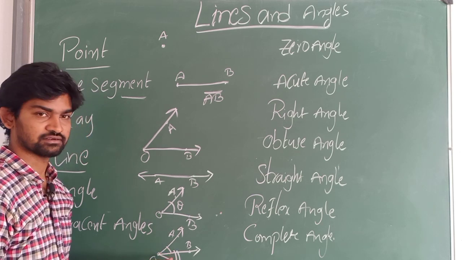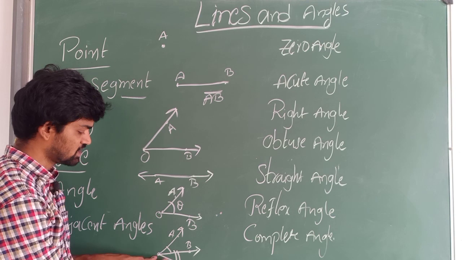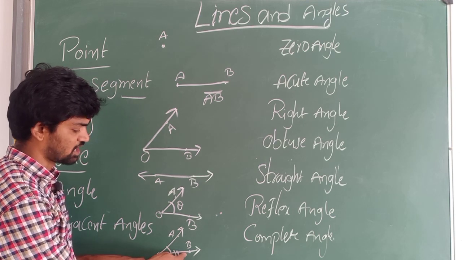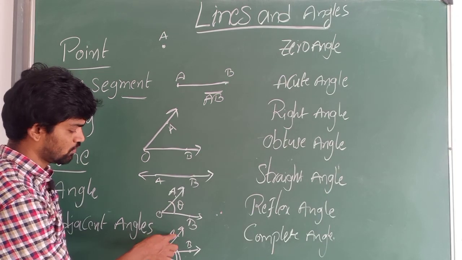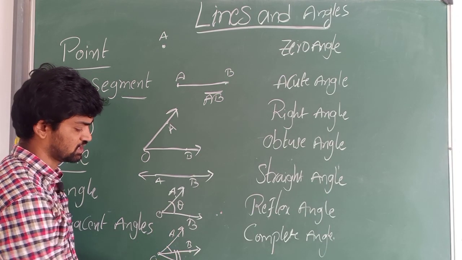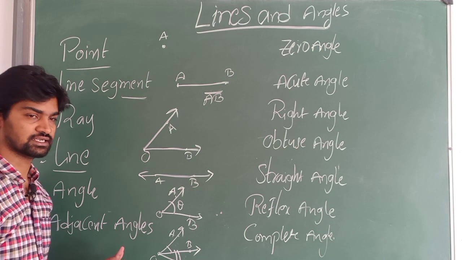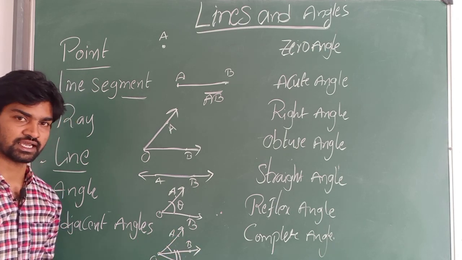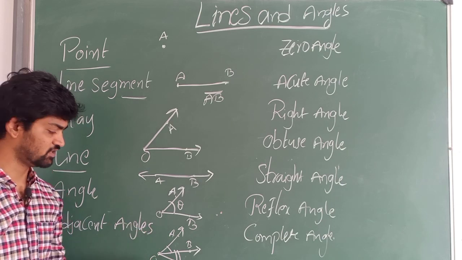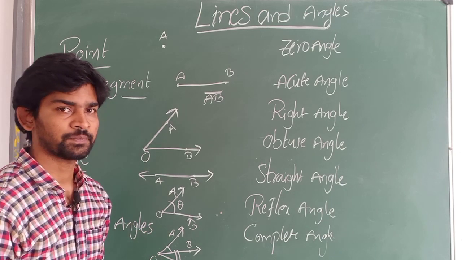These two are side by side. Because of this common vertex and common arm, OB is a common arm of these two angles, so angle AOB and angle BOC are adjacent angles. They are side by side with a common vertex and common arm.